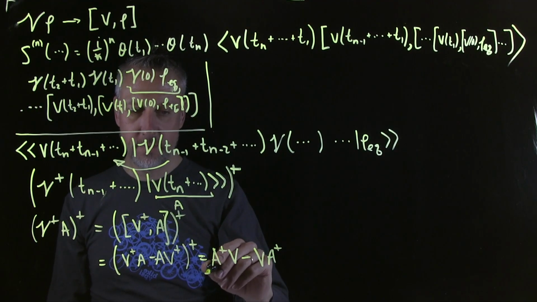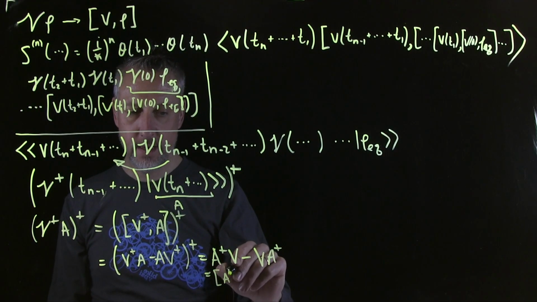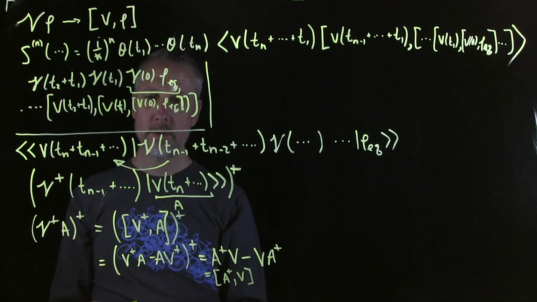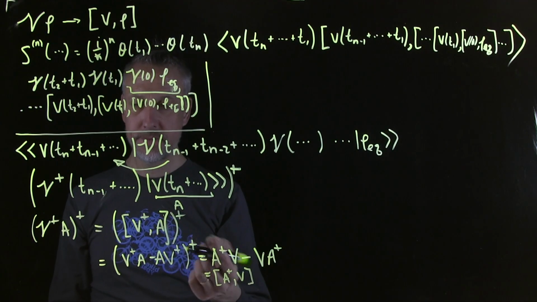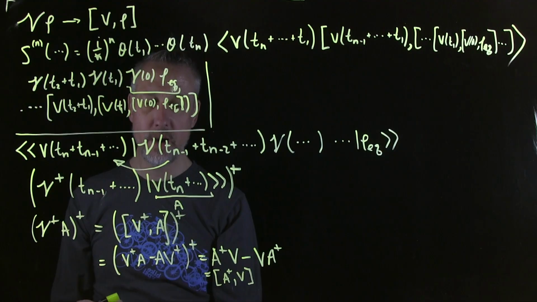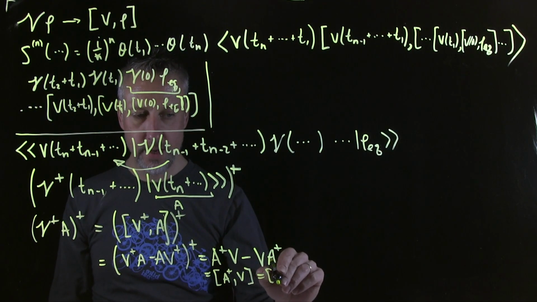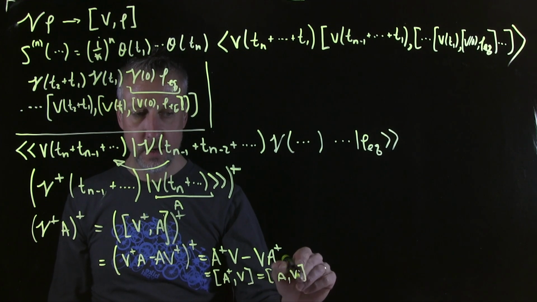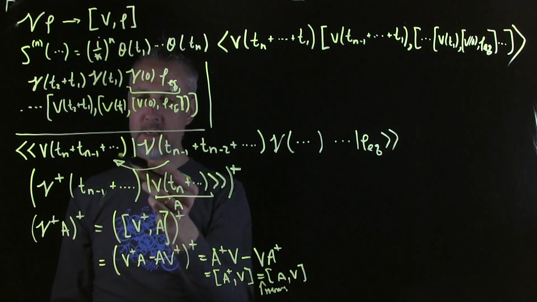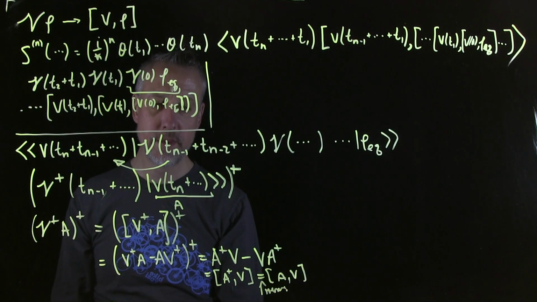So this is the same thing as A dagger V. You see when it goes to the left, we switch the order of the operators in the commutator. Now this is also equal to A V if it's Hermitian, which it is. It's a dipole operator, which is Hermitian.